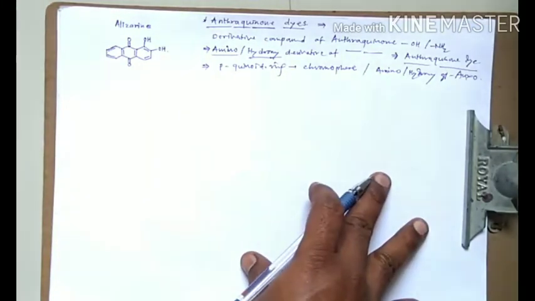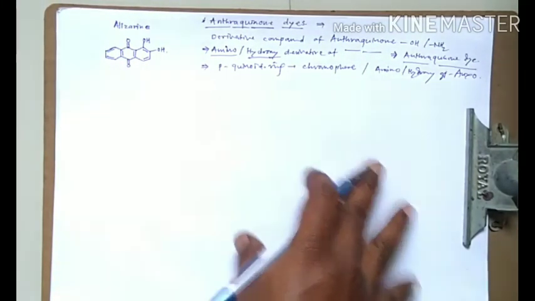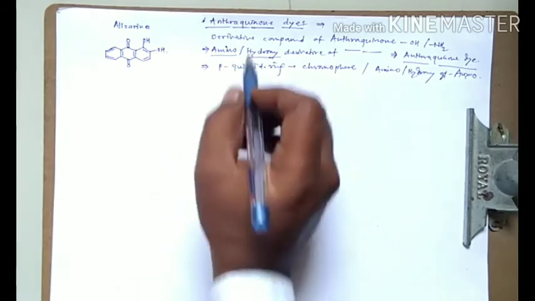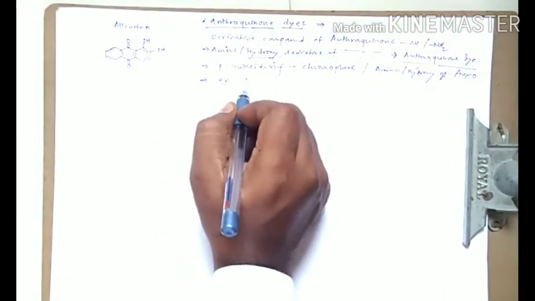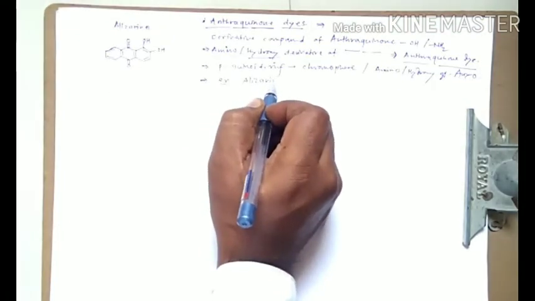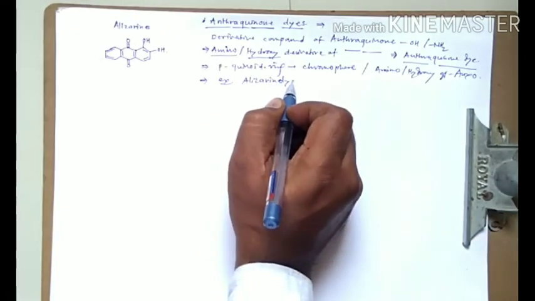Right? So let us look at the most popular example of this category of dye, which is alizarin. Alizarin is the most important example of this category of dye.